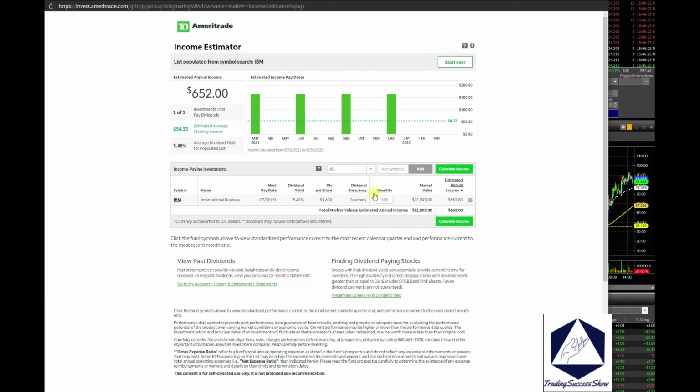Okay, and look at this. Isn't this great? IBM, guess what they do? They have a 5.48 dividend yield, and the dividend per share is 1.63. So if you have 100 shares of this company, your payout is going to be $652, which is way above the rest that we just talked about.